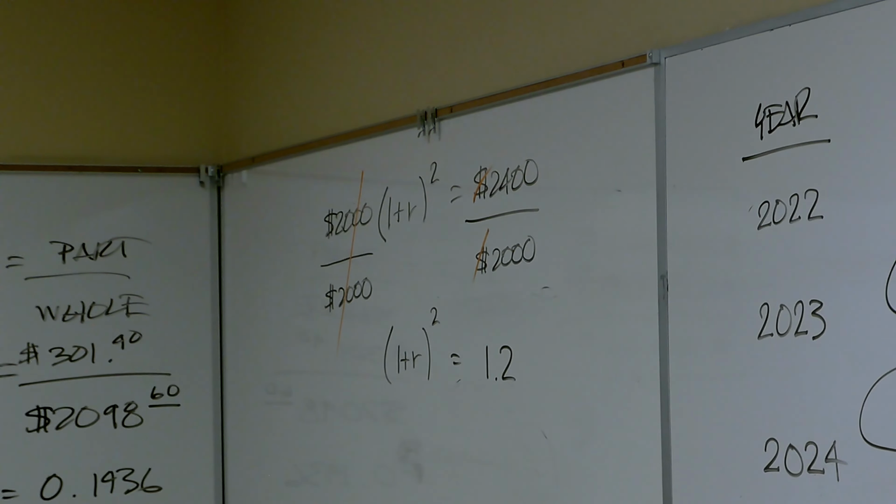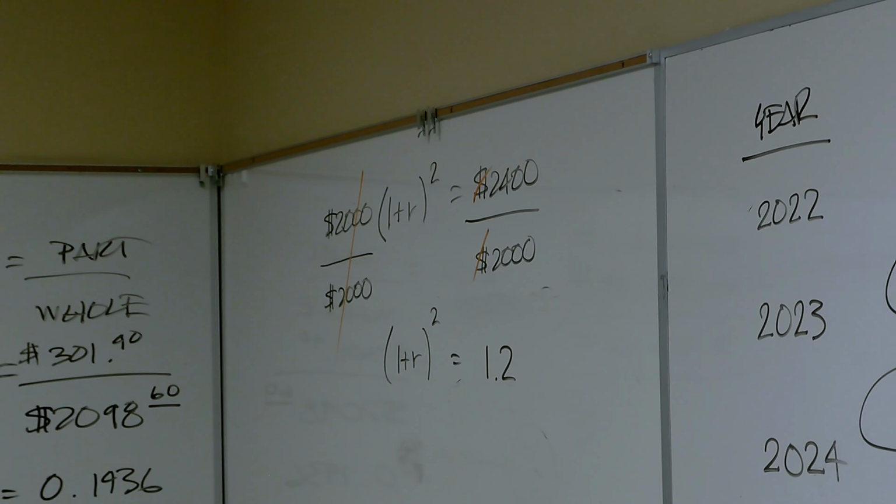Suppose I asked you some number squared is 81. That's quick. 9. Some number squared is 1. 1 times 1 is 1, right? Some number squared is 64.